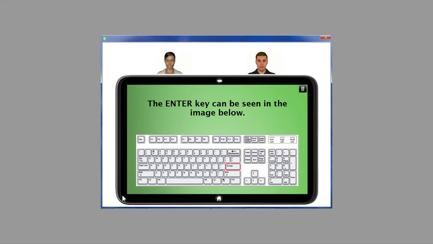Correct. If you click an answer, it is submitted for you. The backspace key can be seen in this image. Use this key if you need to erase anything that you have typed by mistake. Okay, thanks. I need to correct my work a lot.